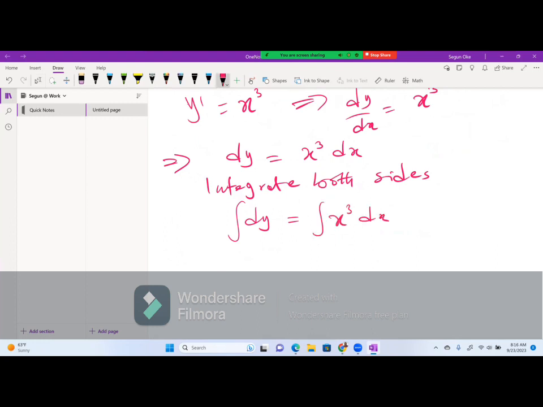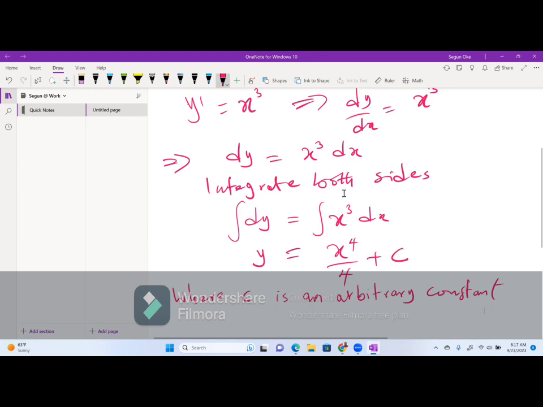If I integrate dy, I will have y. Then I integrate x cubed, and I have x raised to power 4 over 4 plus c, where c is an arbitrary constant.